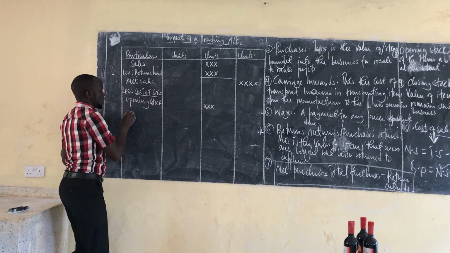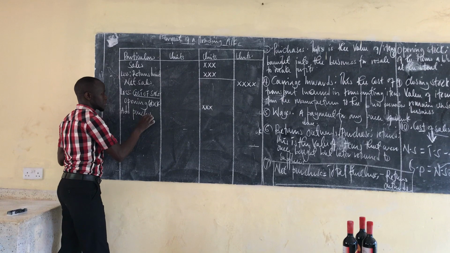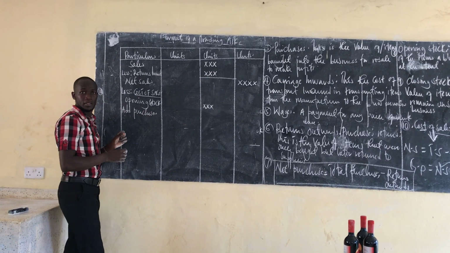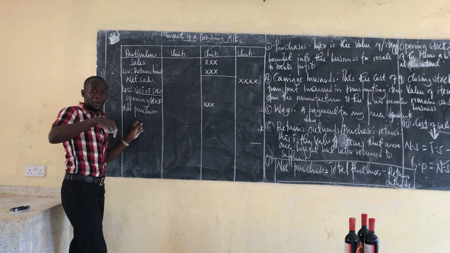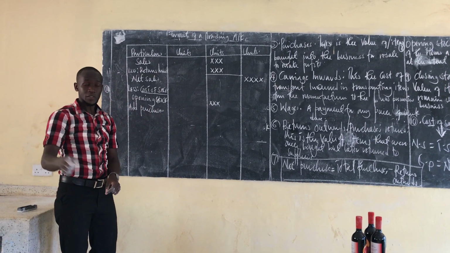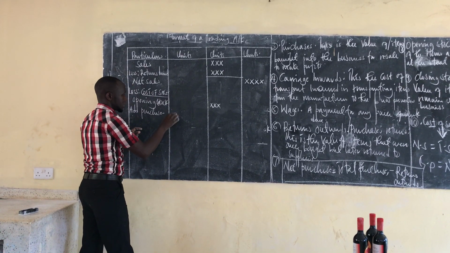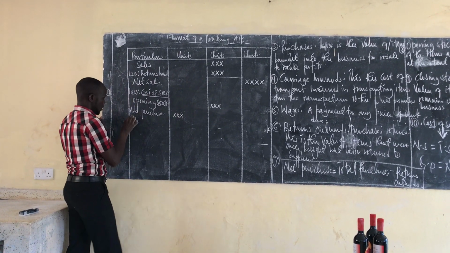On opening stock, we say add purchases because we are looking for net purchases. But net purchases equals total purchases minus returns outward. So we are looking for total purchases from the first column. Add the purchases. This is the amount.